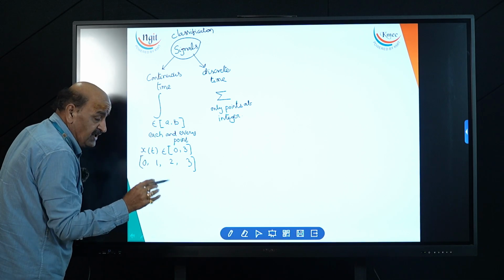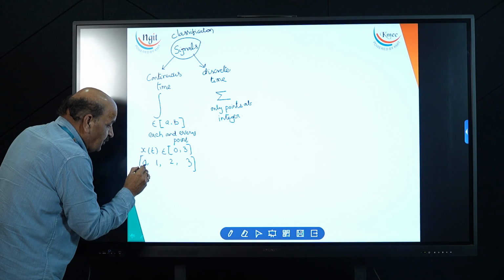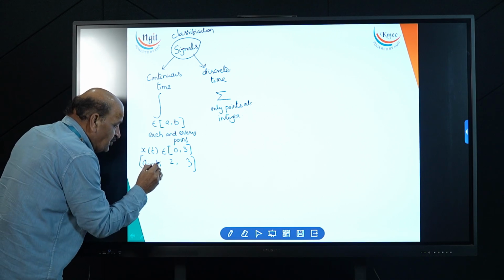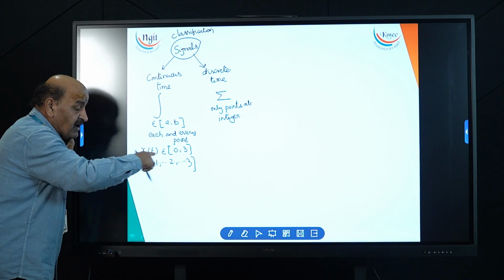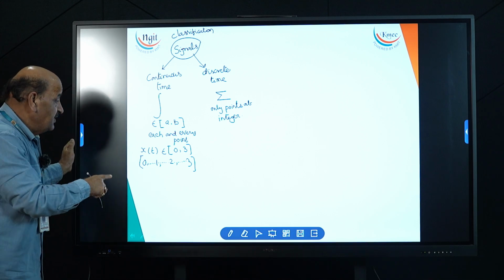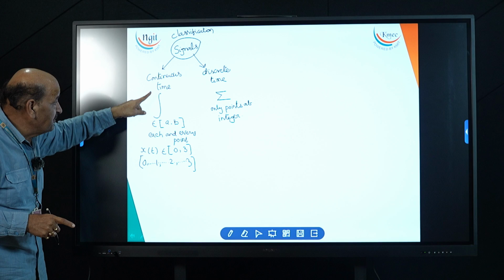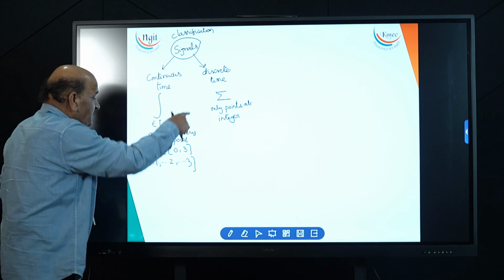It not only takes the integer values 0, 1, 2, 3, but also takes every value between 0 to 1, every value between 1 to 2 and every value between 2 to 3. This is called continuous. Wherever we use the word continuous, it is applicable with the mathematical notation of integration.